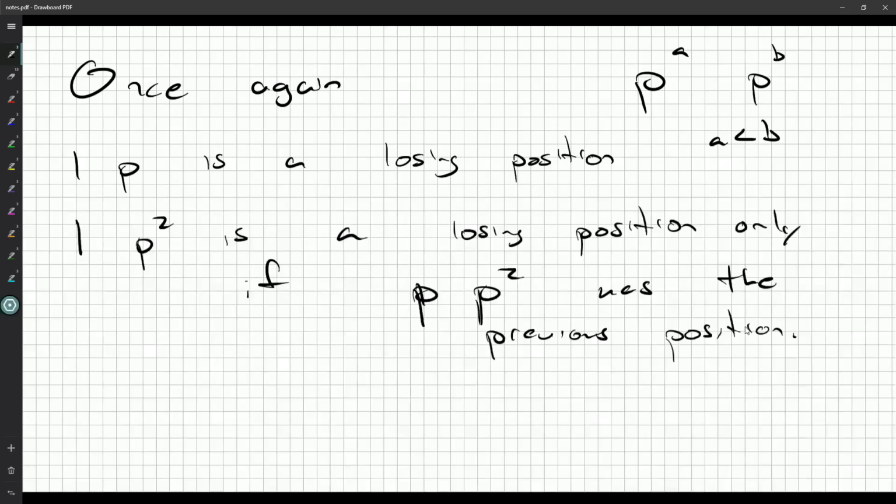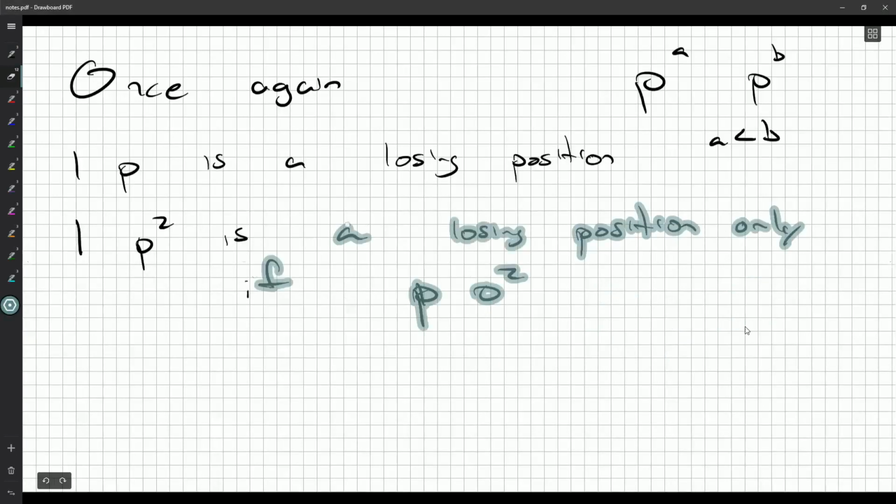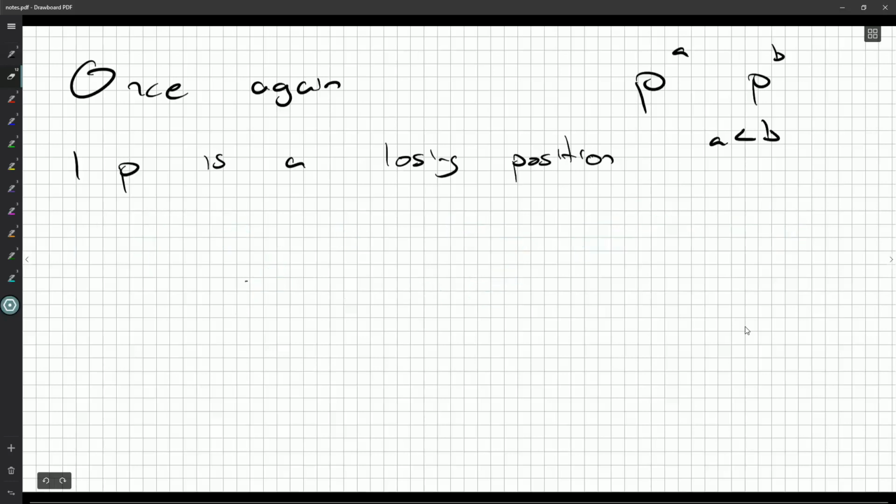But of course, if I were presented p squared, I could just go down to 1p, and so p squared always leaves a losing position. So what could we say? So you can't even say that.